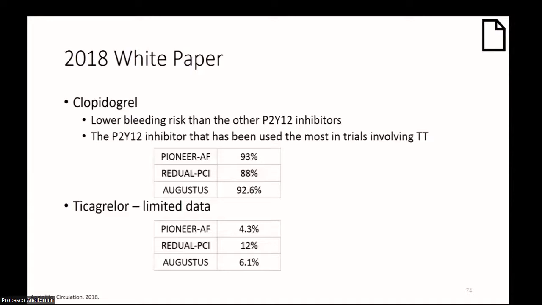So this is a North American expert consensus group. And concerning the newer P2Y12 inhibitors, based off the TRITON-TIMI trial and the PLATO trial that we talked about earlier, since clopidogrel has a lower bleeding risk, they recommend clopidogrel.